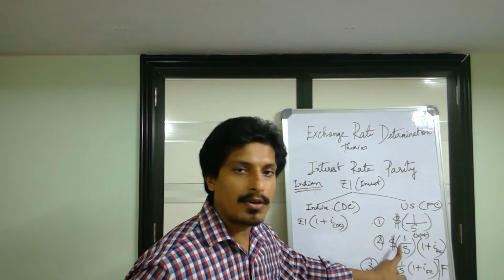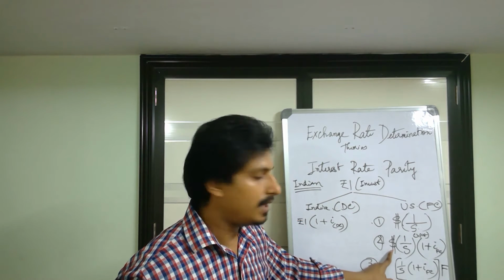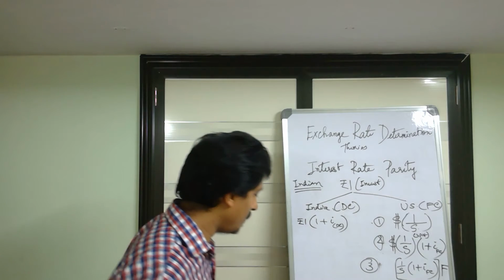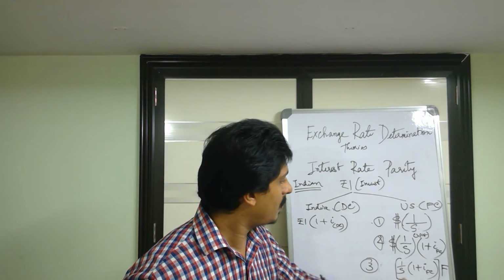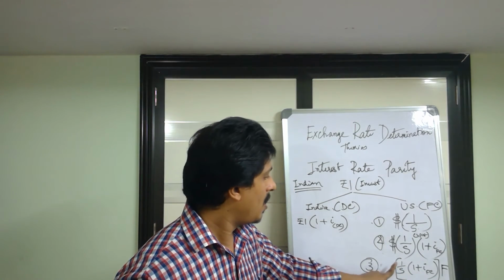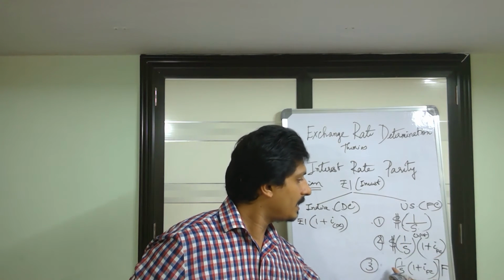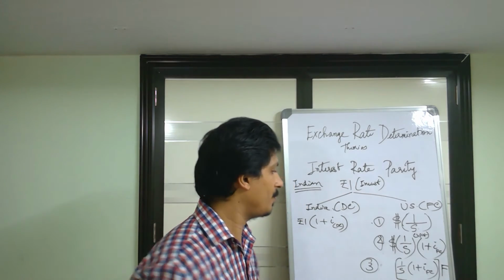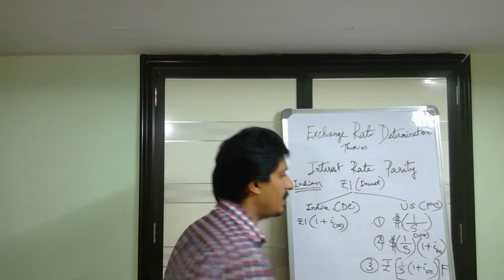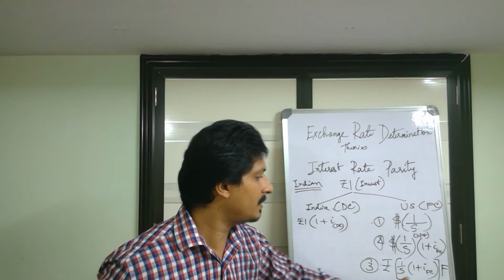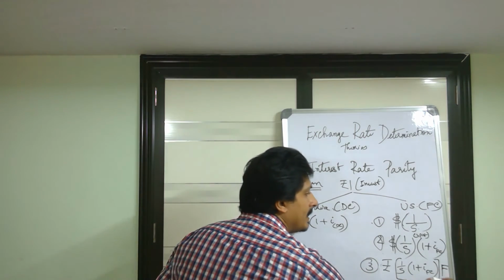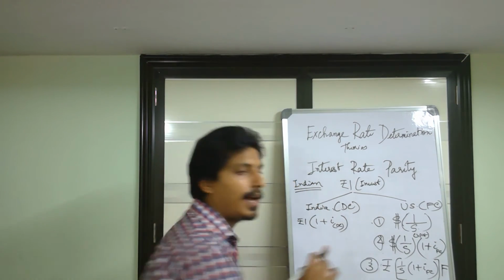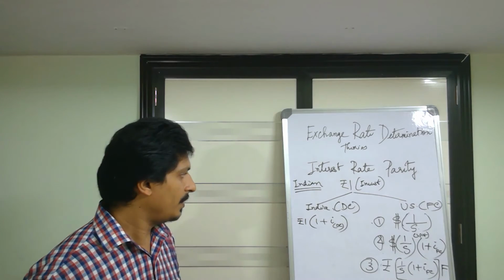This is the dollar value of your investment after 1 year, and in the last equation you have converted this dollar value at the forward rate into rupees. So this is actually in rupee denominations. When you multiply this with F, the forward rate, it gets converted back into rupees.